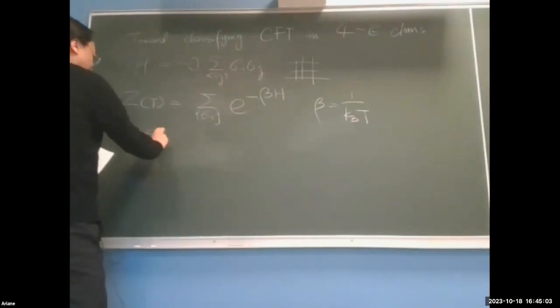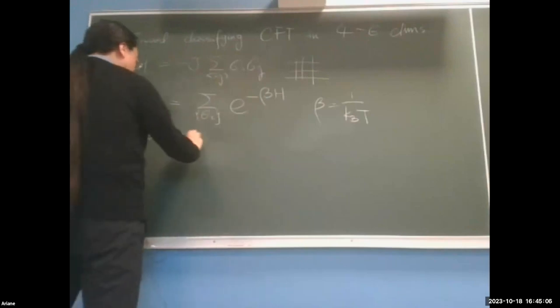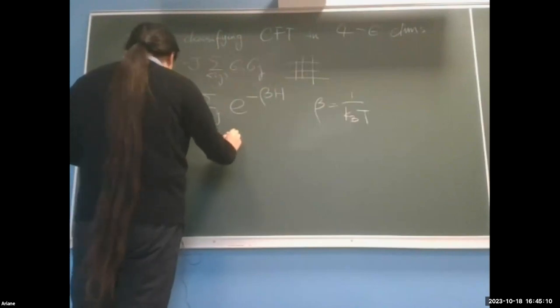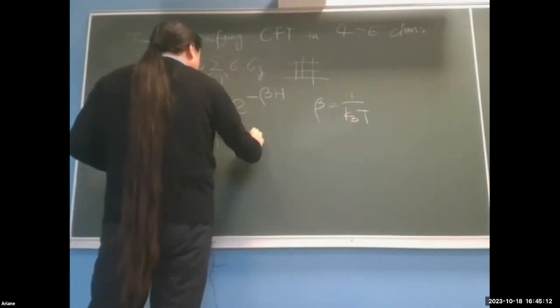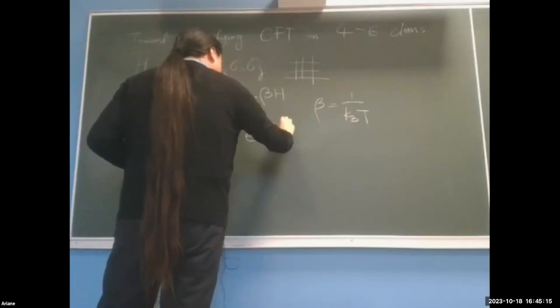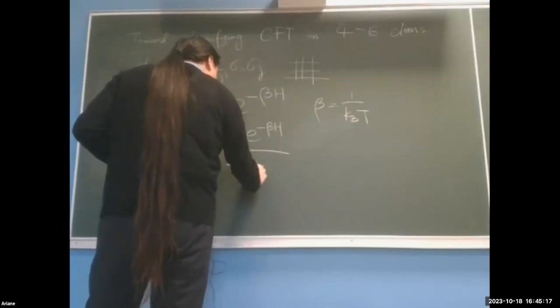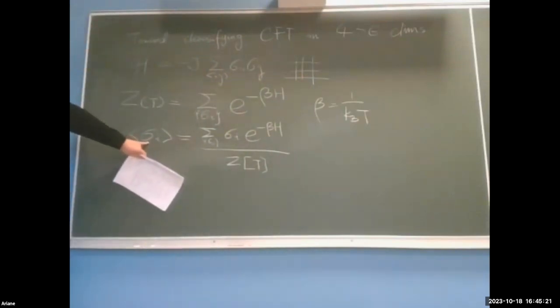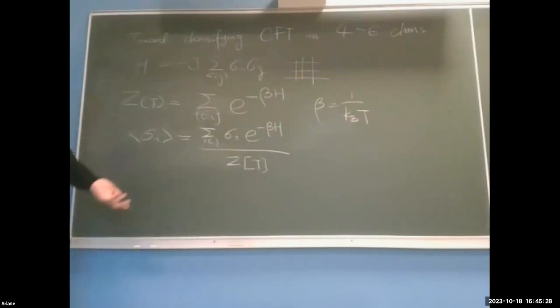For example, I can calculate a specific spin, defined as, again, the summation over all the configurations. This would be the expectation value of my spin at a specific point, right? So if we are smart enough, we would be able to perform this summation completely, right? But it's extremely hard.